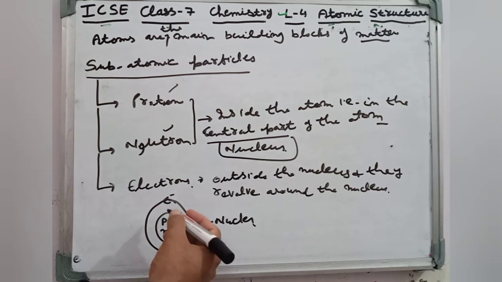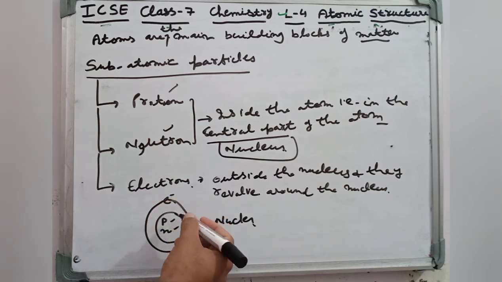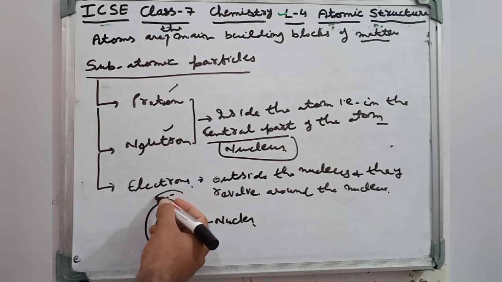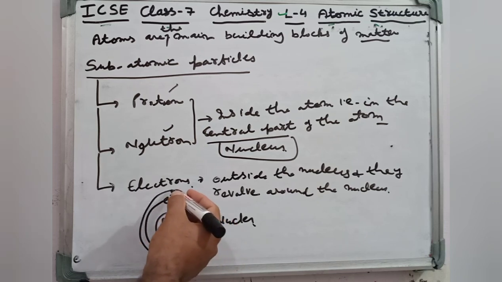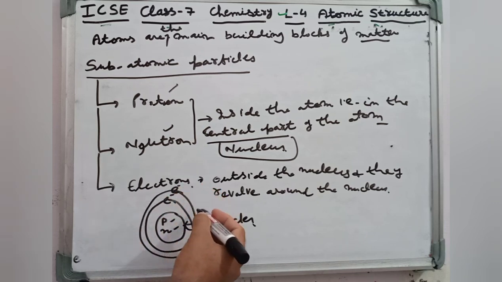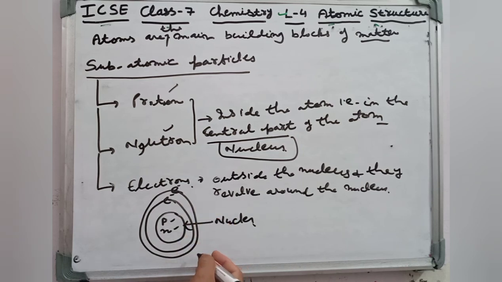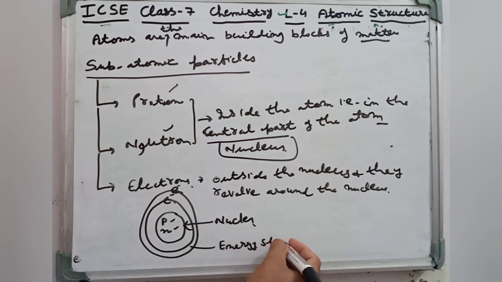Now these electrons revolve in definite orbits. This is one orbit, second orbit. These orbits are known as energy shells.